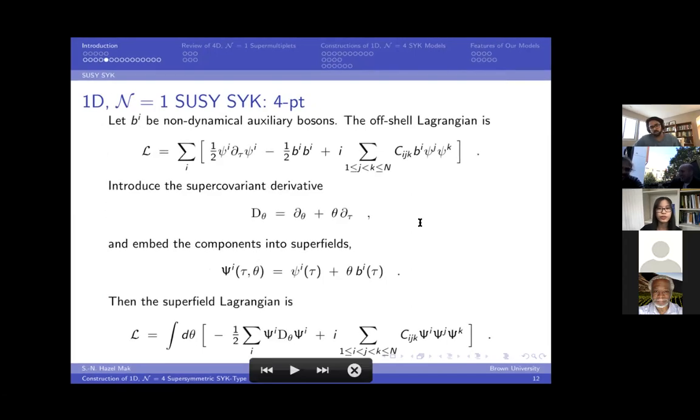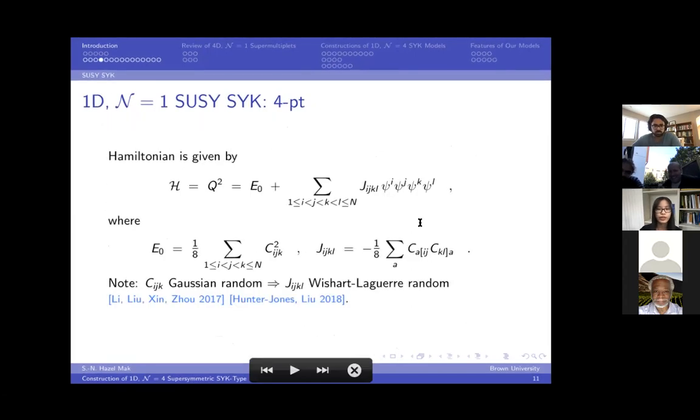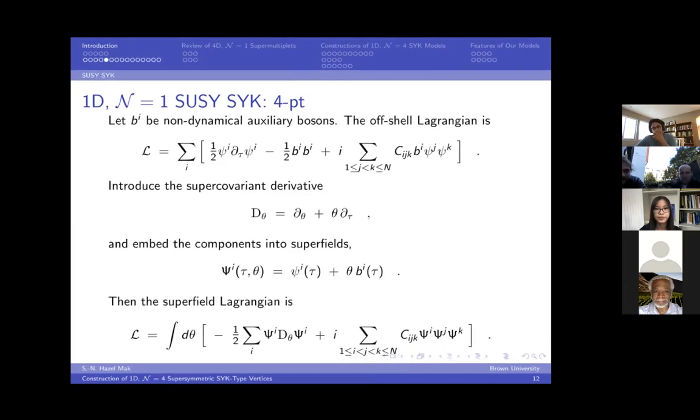So supersymmetry is just a more natural way to construct a model that will have this coupling that follows the Wishart-Laguerre random distribution. Right. Okay, thank you. No problem.